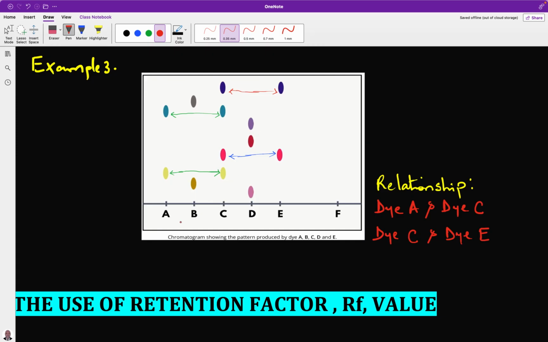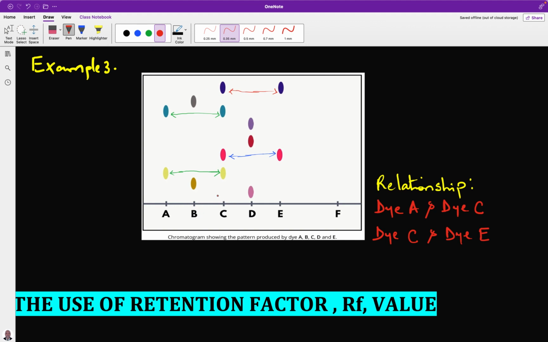In that case, B and D have substances that are not present in A, C, and E. I said B and E. In that case, B, not E. B has a substance that is not present in A, not present in C, not present in D, and not present in E. Is only what?